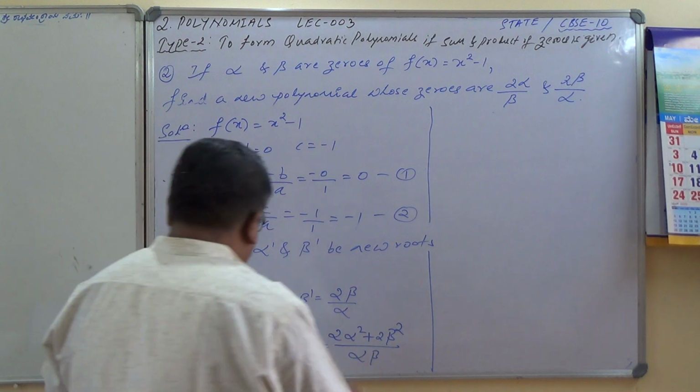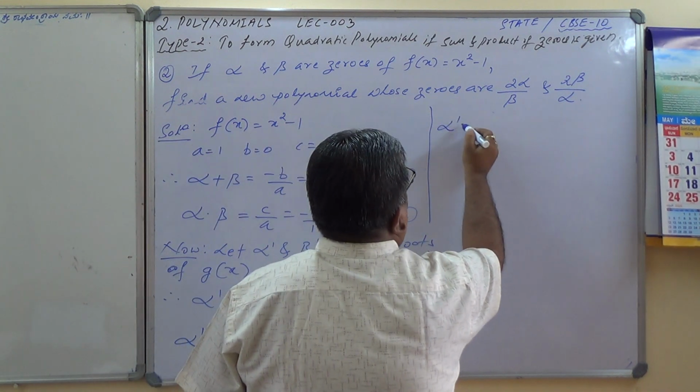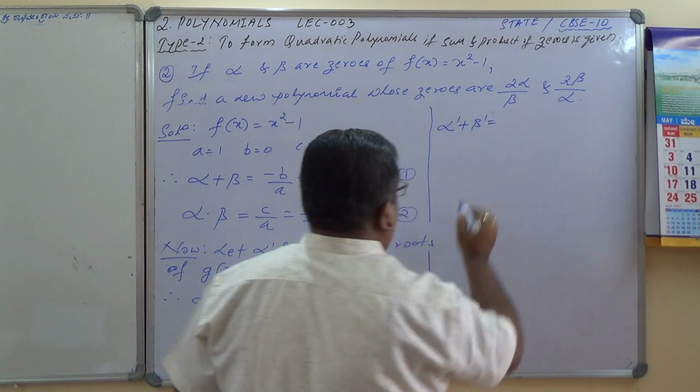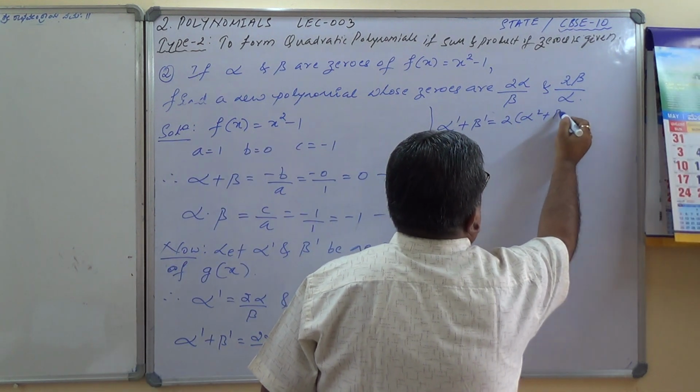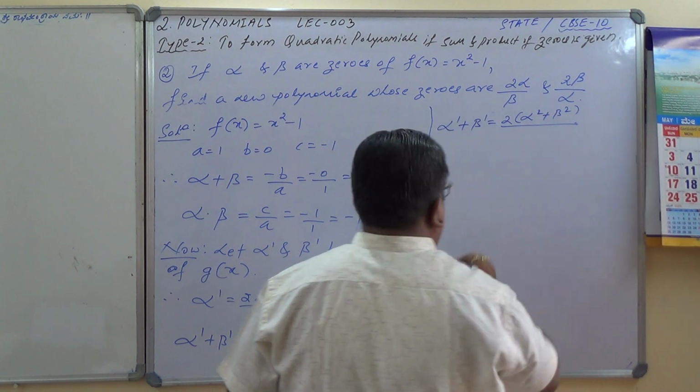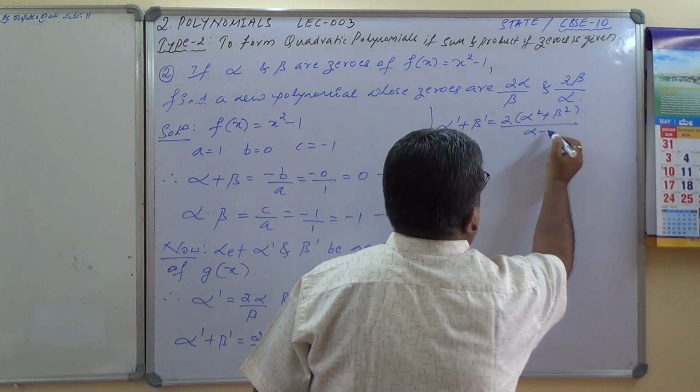Okay, this is what we are getting. Therefore alpha dash plus beta dash equals 2 times (alpha square plus beta square), the whole divided by alpha into beta.